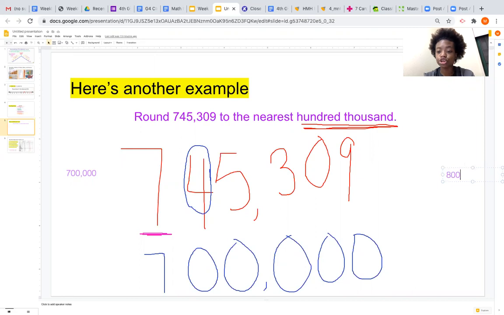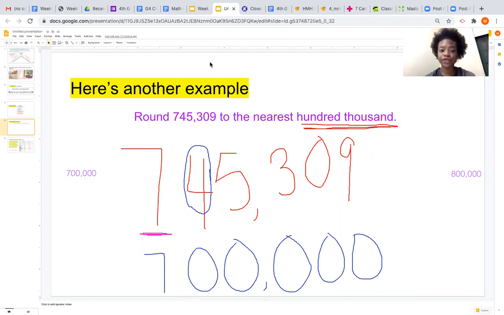Okay, and those are the 100,000s that this number, 745,309, falls in between. Okay, it is much closer to 700,000. So I hope that that was helpful and useful.